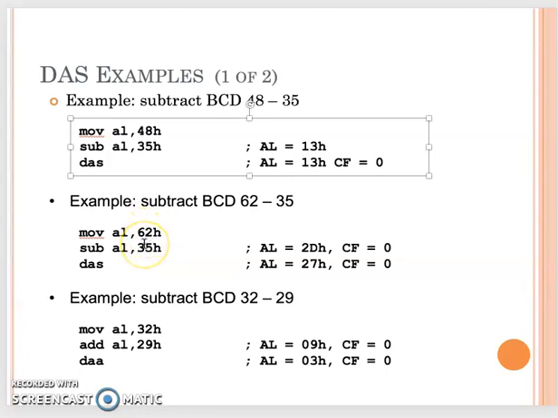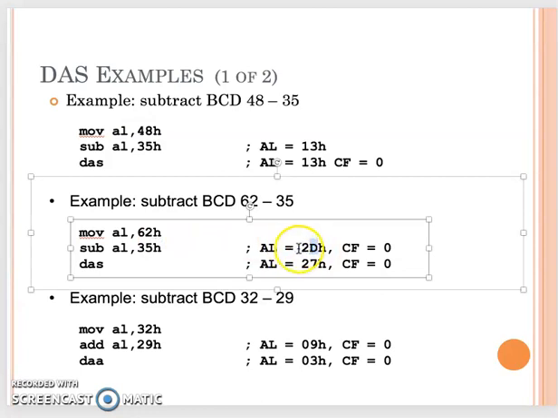After you borrow, 2 becomes 2 plus 16, which is 18. So 18 minus 5 becomes 13. And 13 is what? It's D, right? So that's why sometimes when you need to borrow, your result in hex is 2D. So that's why we need the DAS. After your DAS, it will convert that back to 27. So that's the example of why we need to use our DAS.